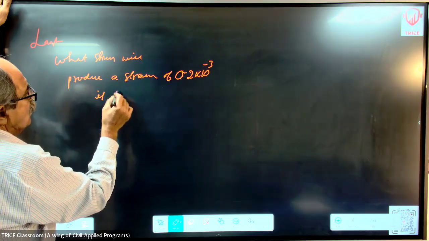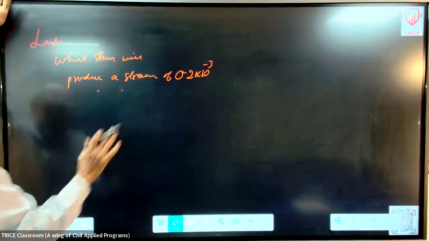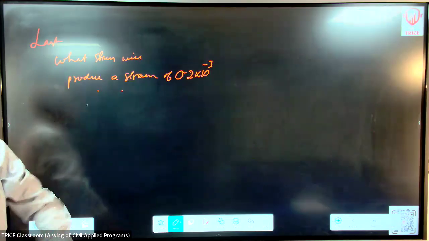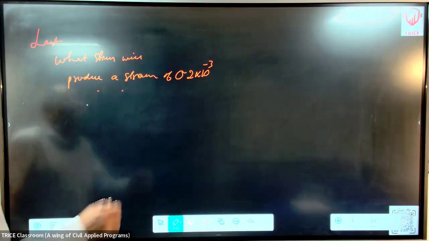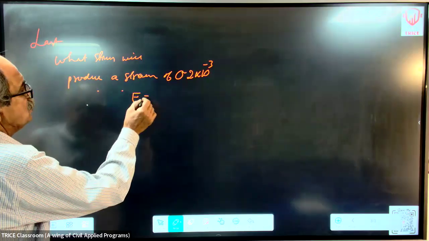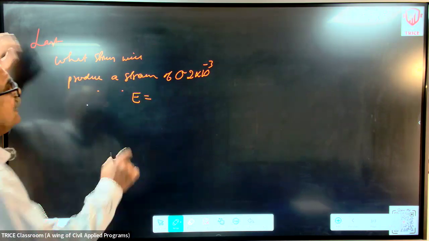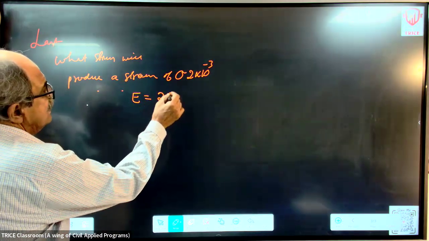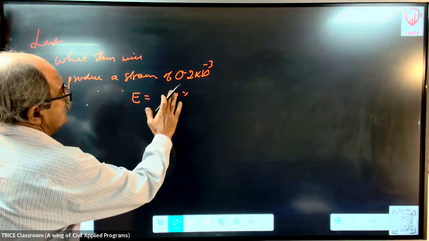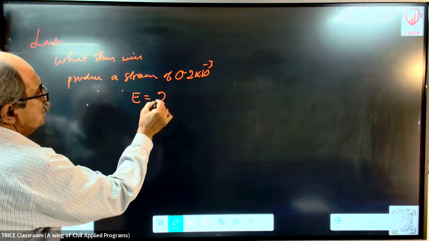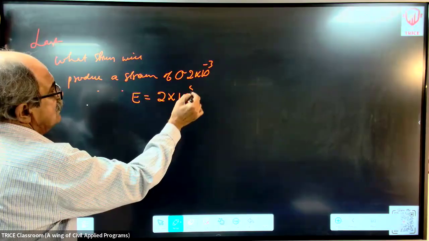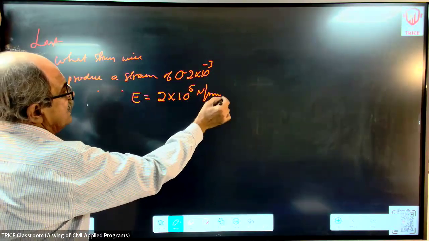In the question, E is given equal to 2 into 10 to the power 5 Newton per mm square.